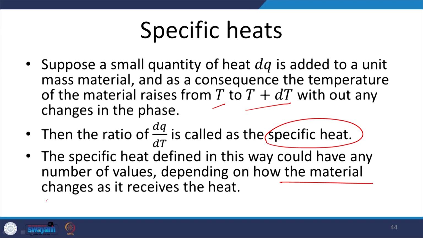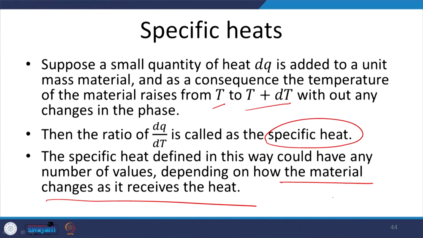It basically depends on how the material's volume or pressure changes when it receives the heat. Let us say, for example, if you confine the volume to be constant, then the gas cannot do any work, the system cannot do any work.